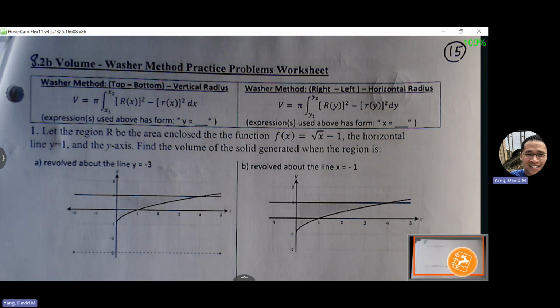So 1A should feel easier because you're doing top minus bottom. There's no need to adjust your equation. When we get to part B, there's some additional setup that you have to do.